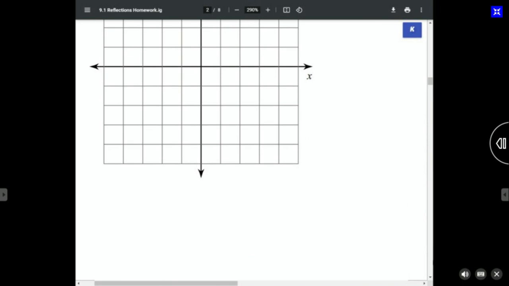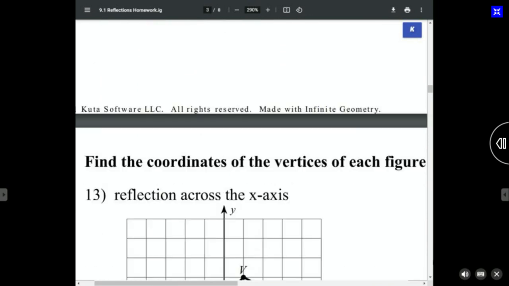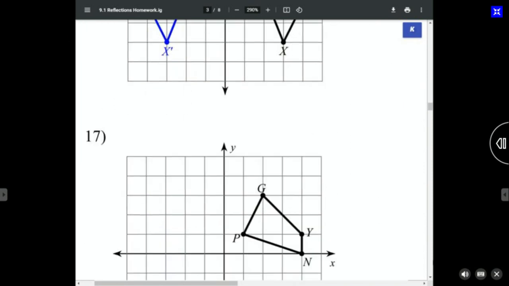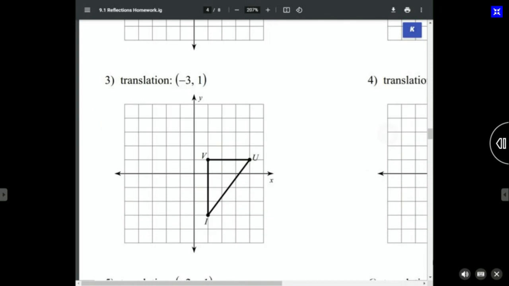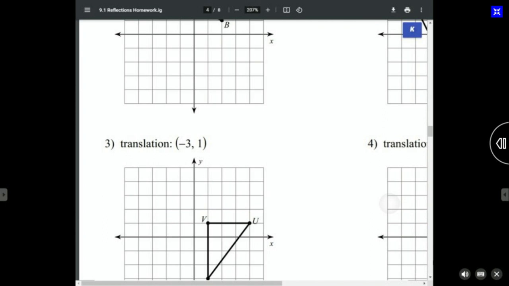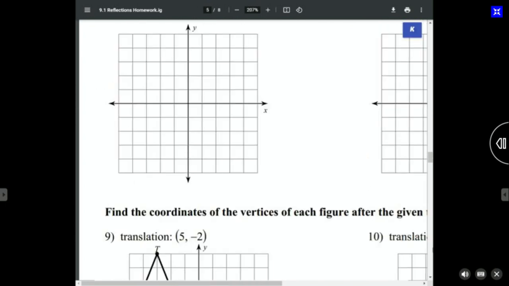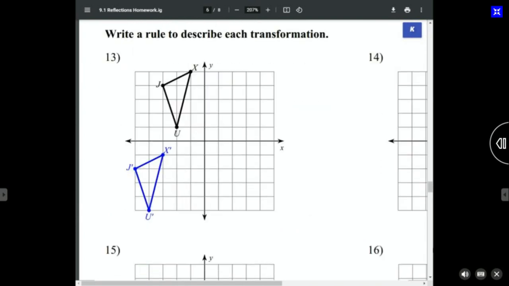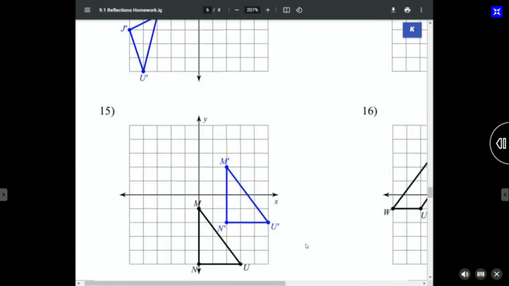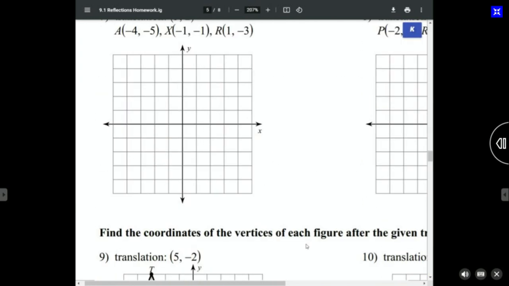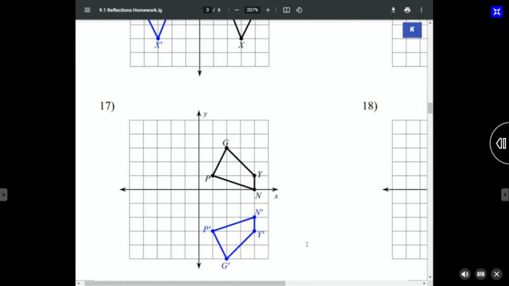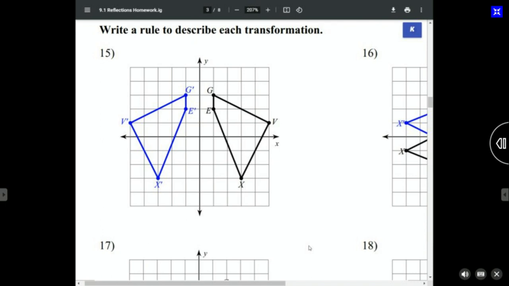Y stays the same. X times -1. All you have to write here is x comma y goes to.